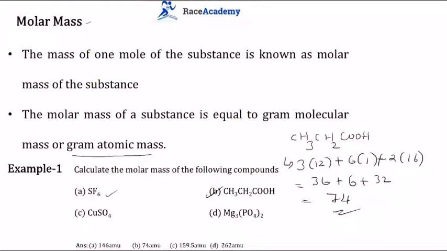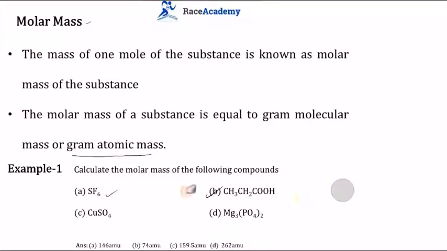Okay. Let us go to the third example we have. The third example is copper sulfate, CuSO4. In this, one copper atomic mass is 63.5, the standard value, plus sulfur is 32, plus 4 into 1 oxygen, which is 16.